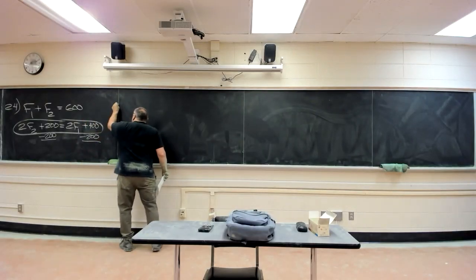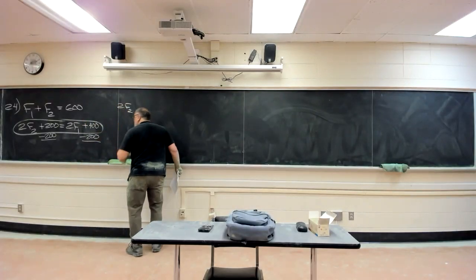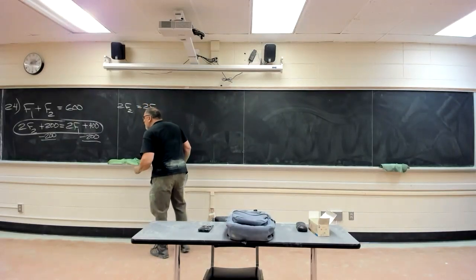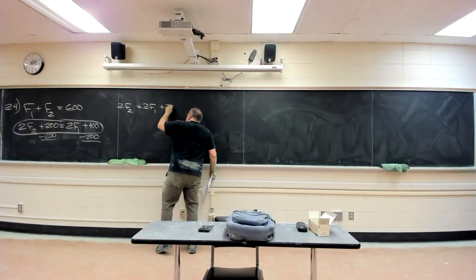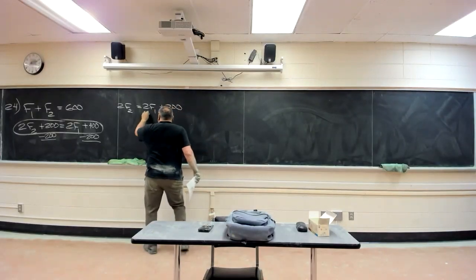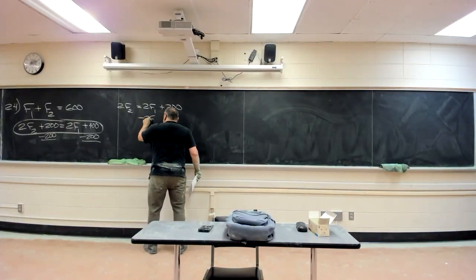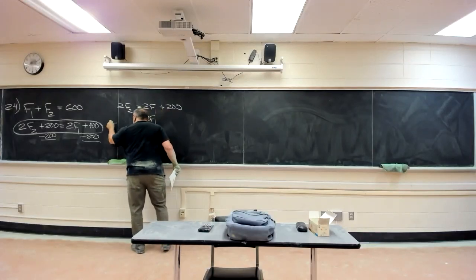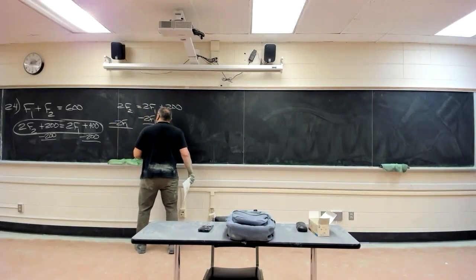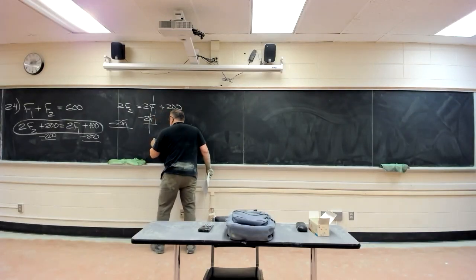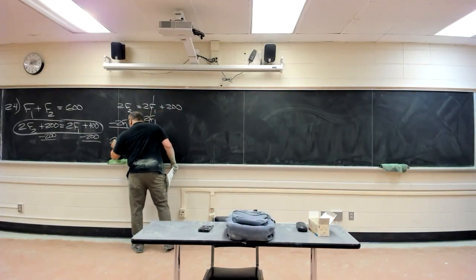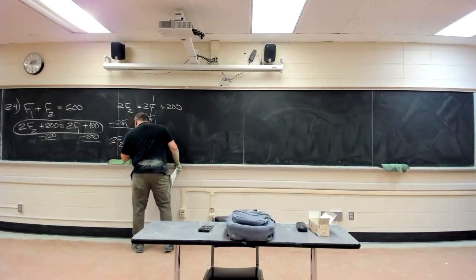You end up getting 2F2 equals 2F1 plus 200. Then you can subtract 2F1 on each side. Two F1 on each side. Well, that's there. The 200 is here. This is 2F2 minus 2F1.